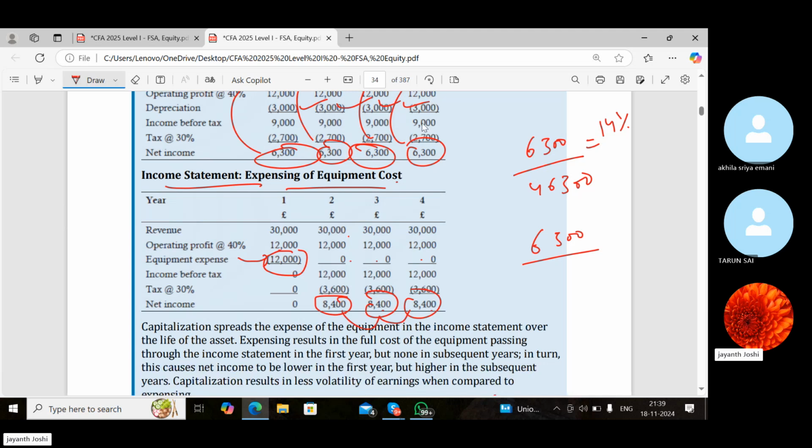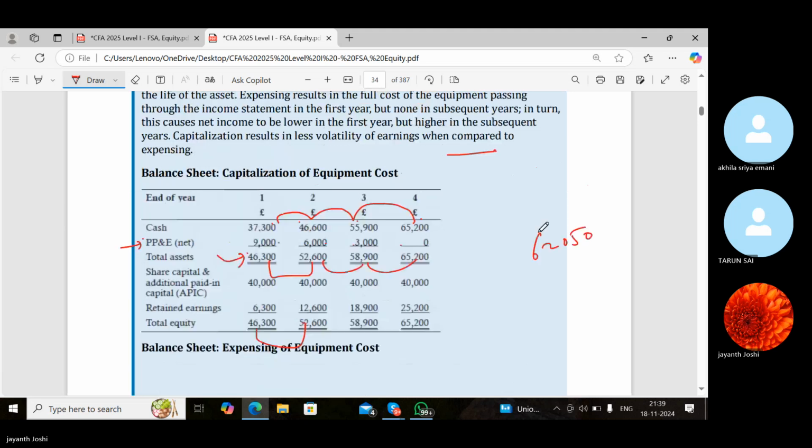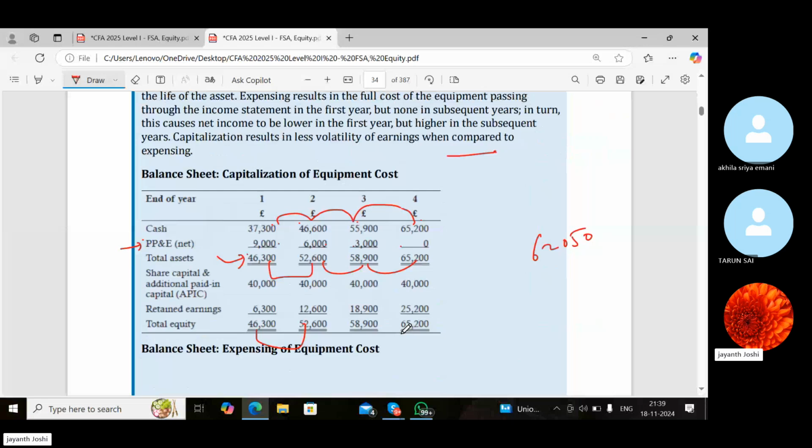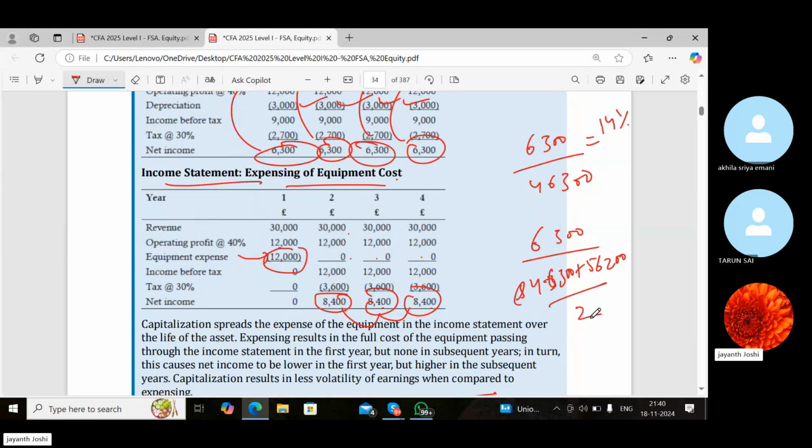So 6,300 divided by the average of 46,300 plus 52,600, which is 51,250. 6,300 divided by 51,250, so almost 12% you'll get.